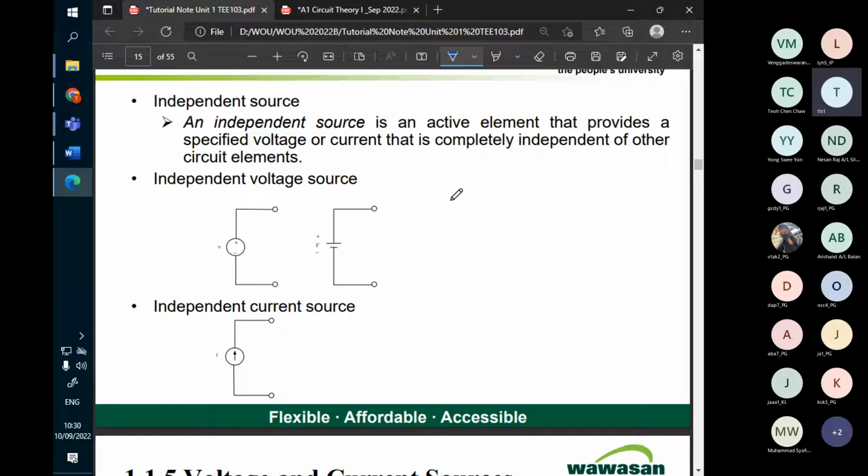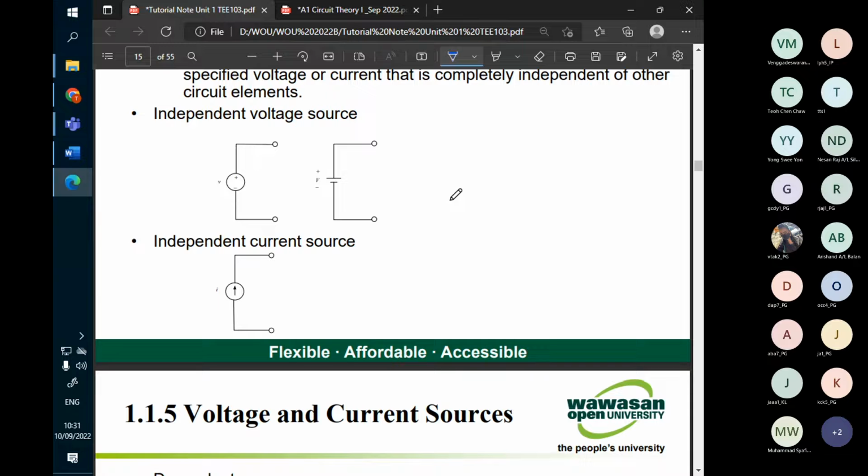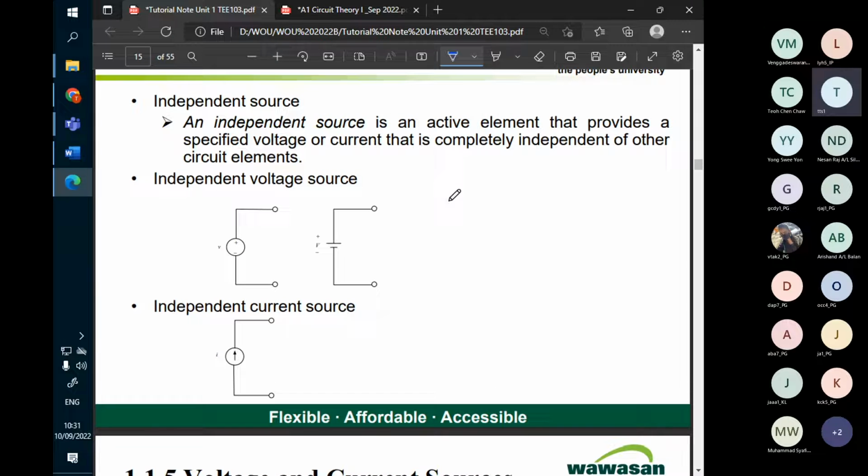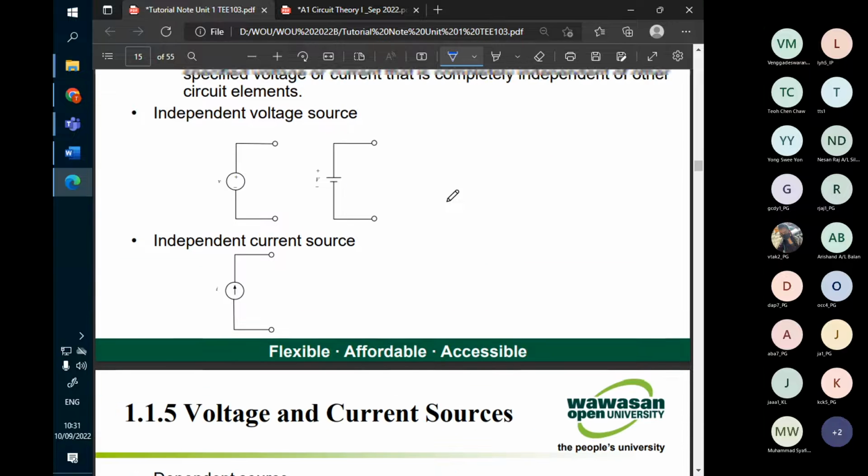They have no link or anything that will relate them. We call it independent. Independent current usually is given as I. You can see the symbol. You need to really observe the symbol here. I will use the arrow as a symbol of current flow.